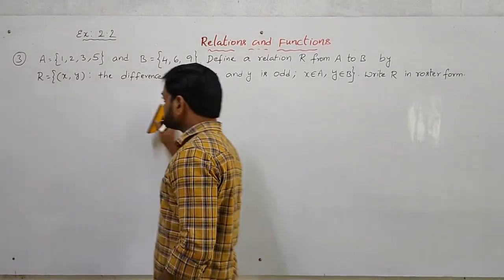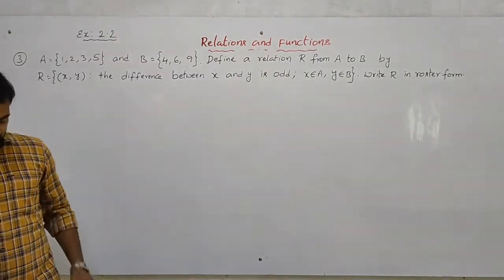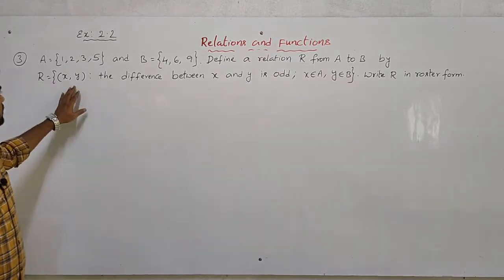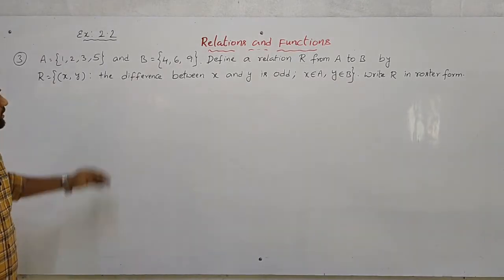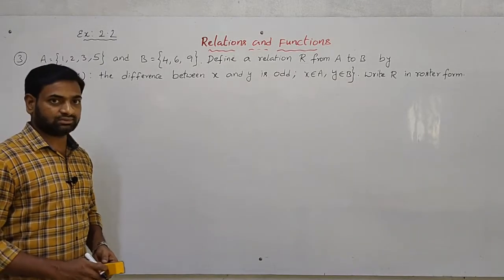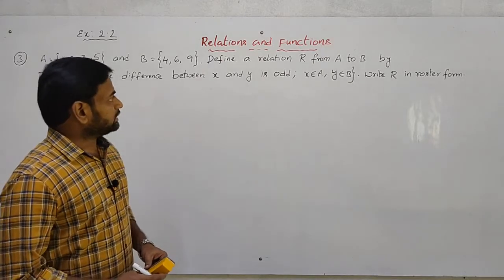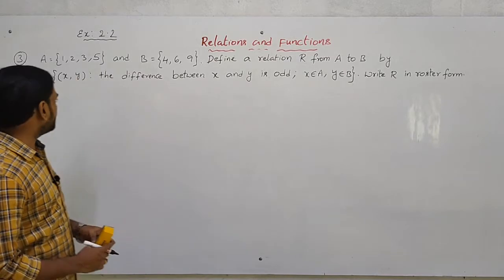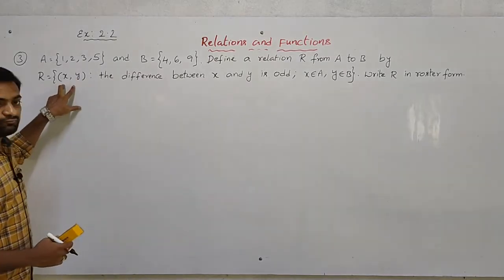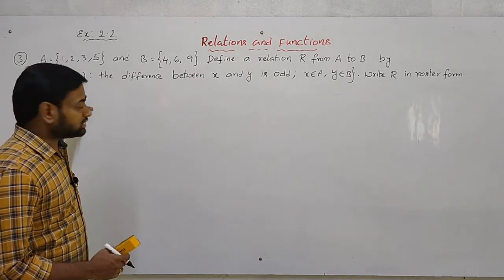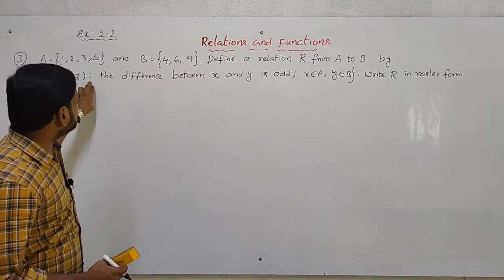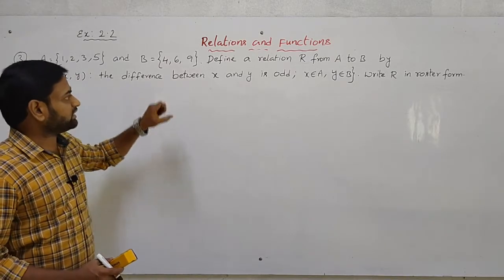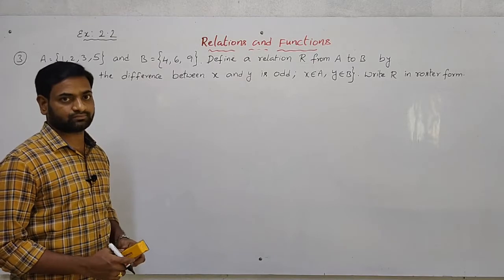See the next problem is: capital A is 1, 2, 3, 5. B is 4, 6, 9. He defined a relation from A to B. How he defined? The set of ordered pairs x comma y such that the difference between x and y is odd.